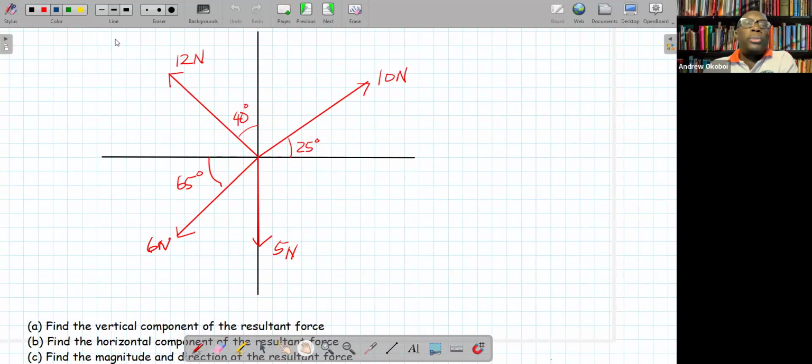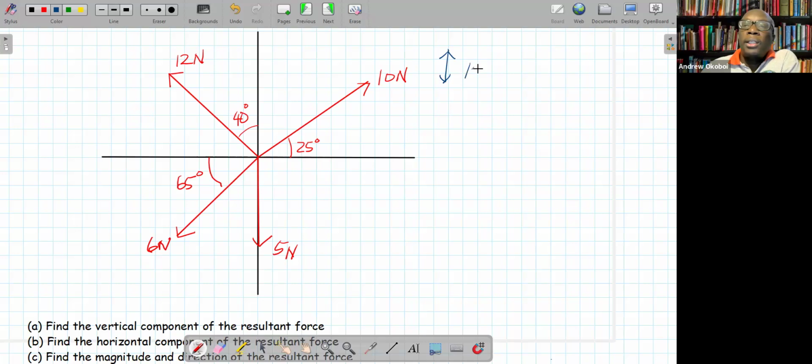So what we need to do here is to first resolve vertically. We always write our forces like this. Resolving vertically, I start with the positive.